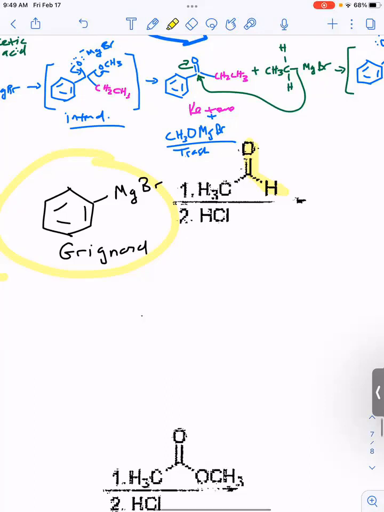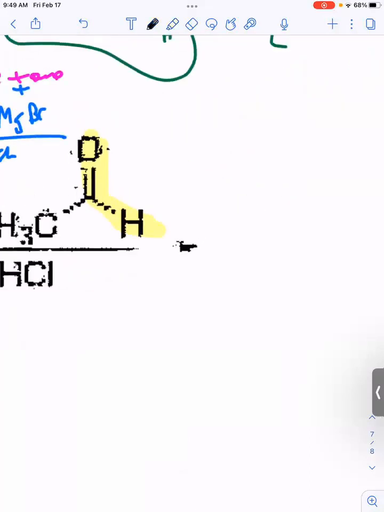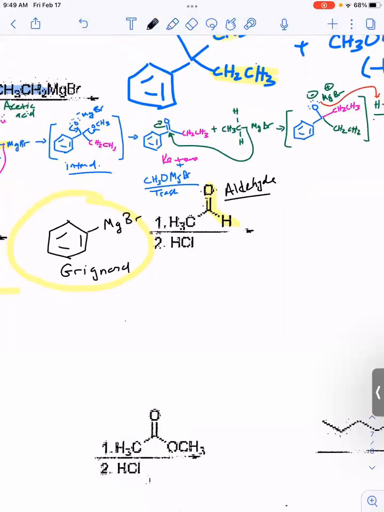It's an aldehyde. That hydrogen gives it away. The hydrogen bonded to the carbonyl is characteristic of an aldehyde. So I got that plus a Grignard, and then I'm gonna quench it with some acid. What am I gonna get from that?